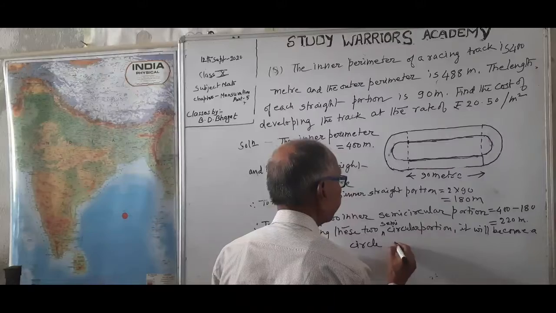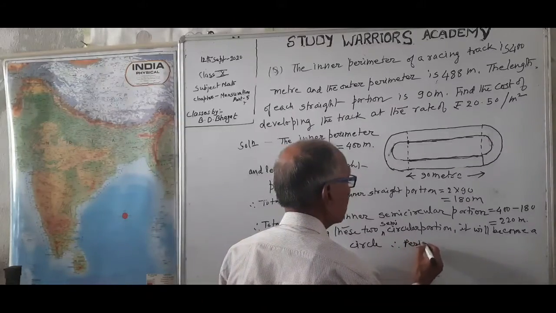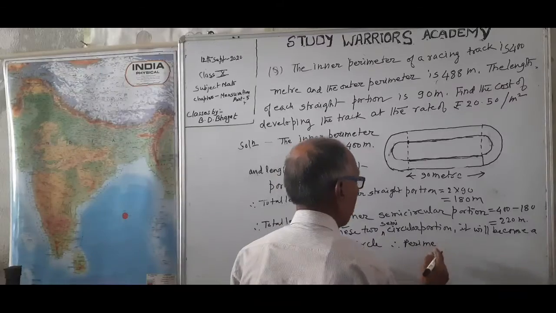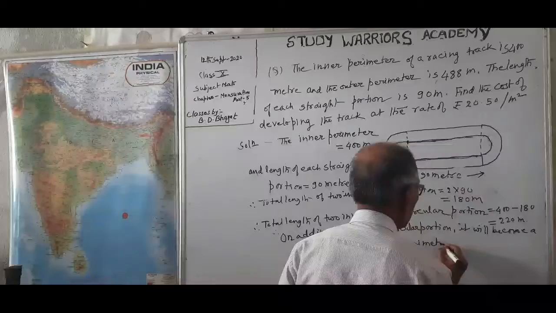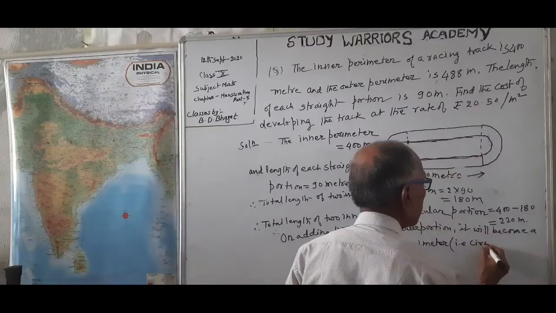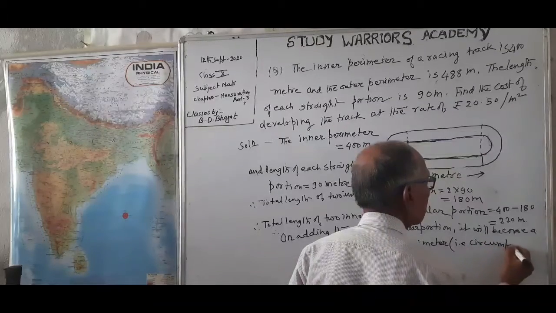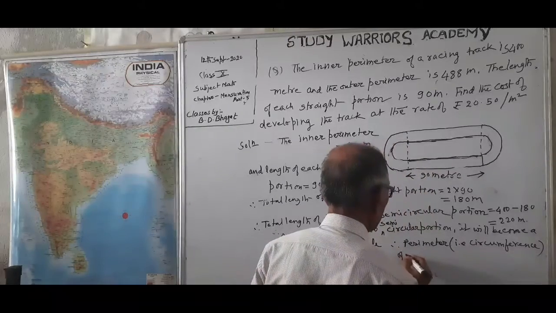Therefore, perimeter of the circle, perimeter means circumference, that is circumference of the circle.